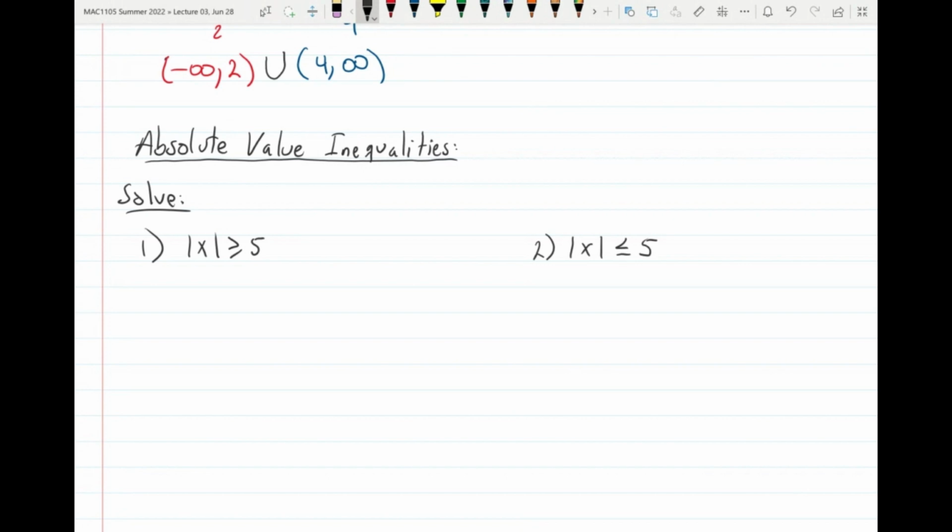Let's see, who can give me some solutions? Yes. 5 and -5. Okay, good. Give me two more solutions. Well, 0 doesn't work. 6 and -6.